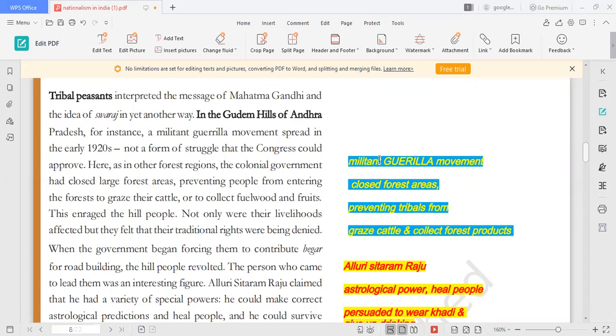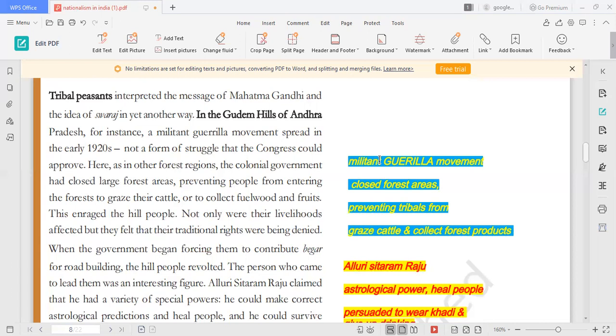Everything they were familiar with. They were all silent people, without mingling with the mainstream of society. They lived happily in the forest without disturbing any people. They were collecting the forest products, grazing their cattle, and hunting animals.